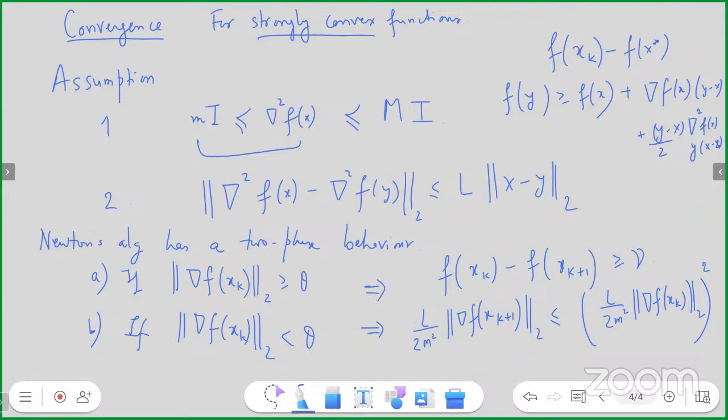So if you put x star, and if we replace y by x star, x by x star, so x star is the optimal solution. X star is optimal, yes. So del f of x star will vanish, and at the optimal case, the Hessian del square f of x star.